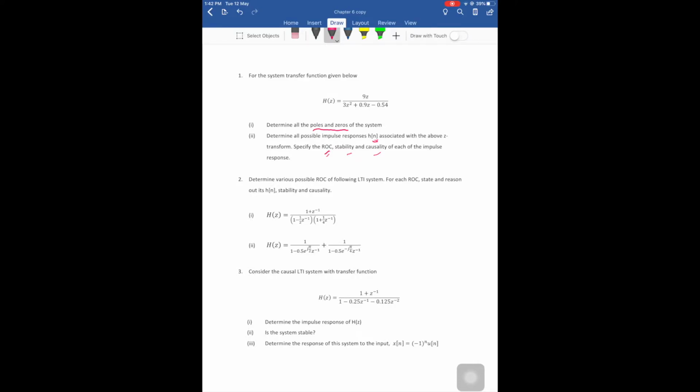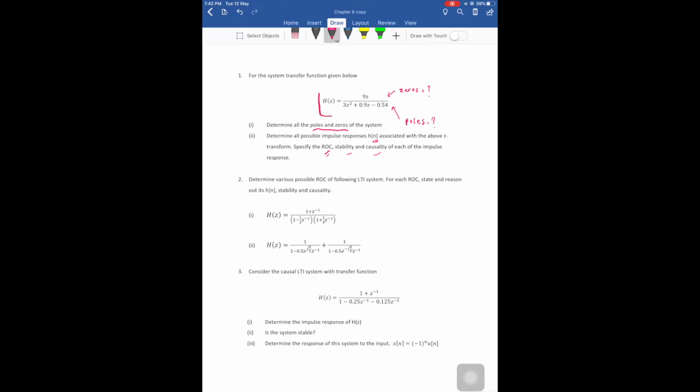So basically, as you know, the zeros value comes from your numerator part, and the poles value comes from your denominator part.